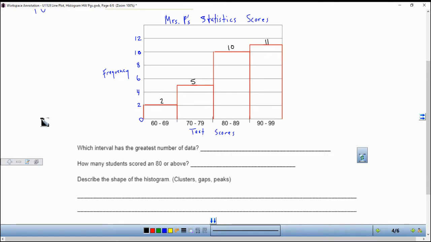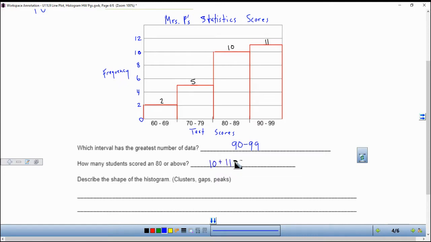All right, which interval had the greatest number of data points? Well, the interval of 90 to 99 had the greatest number of data points. How many students scored an 80 or above? Well, here's where 80 would be. 80 or above. So 80 to 89 was 10. We also include 90 to 99, which was 11.